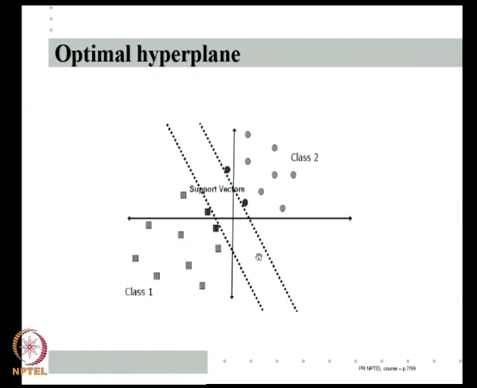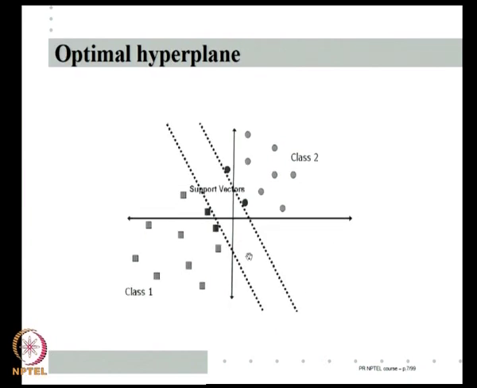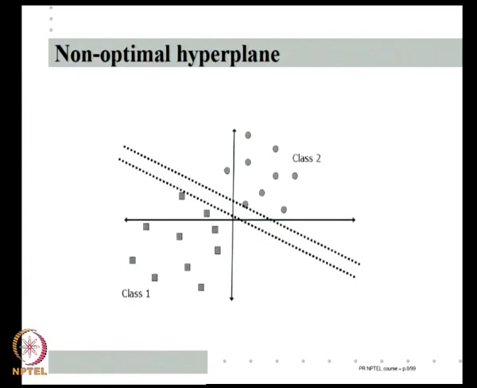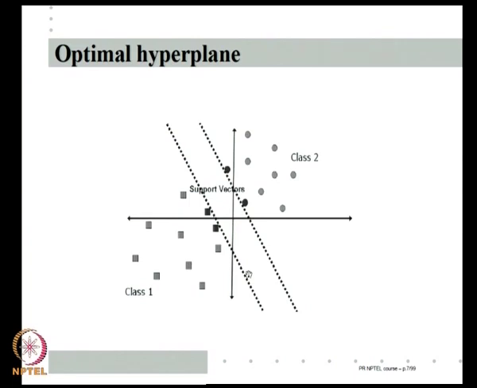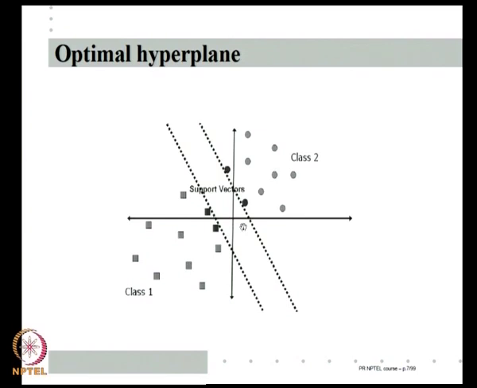So, what the optimal hyperplane is doing is finding that hyperplane which has the highest margin of separation. That is what my optimization problem is. I do not want a separating hyperplane like this, but I want a separating hyperplane like that. A separating hyperplane for which the closest pattern is more distance away than this. So, this is a non-optimal hyperplane, whereas that is an optimal hyperplane. Okay.